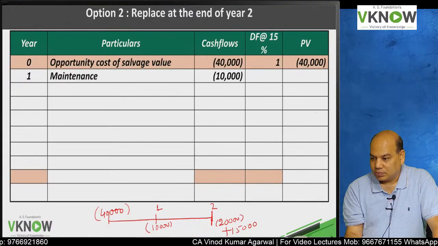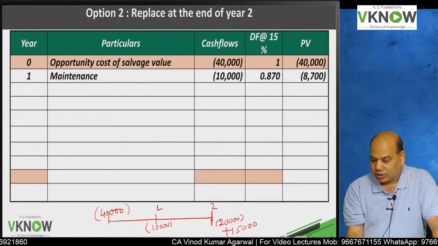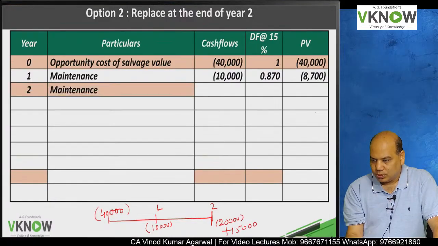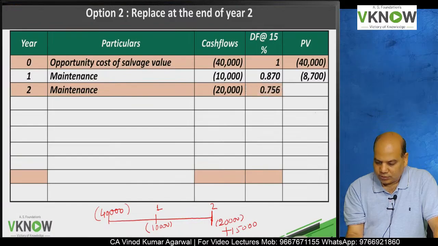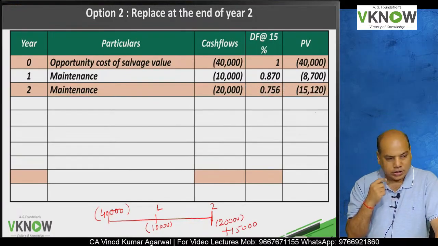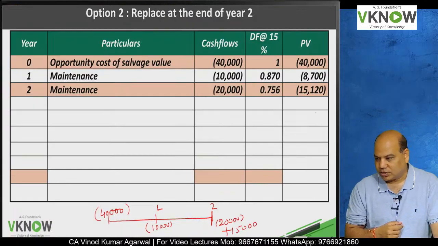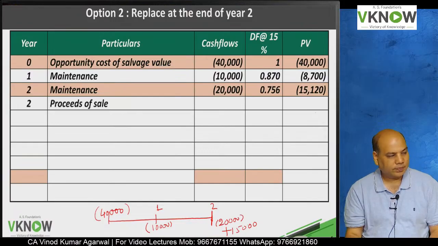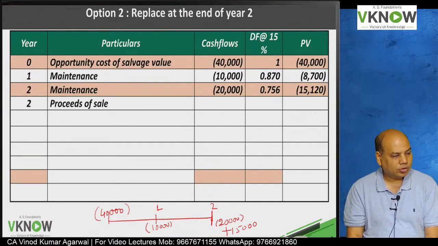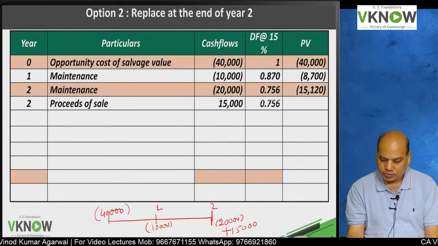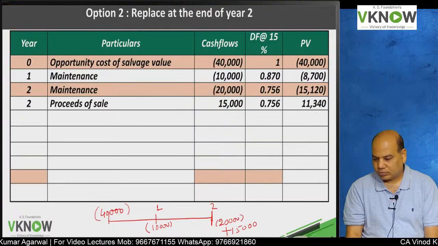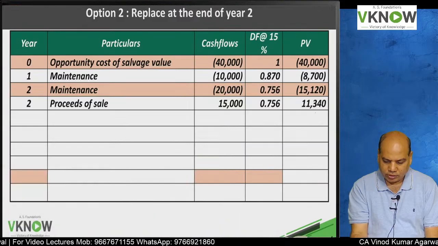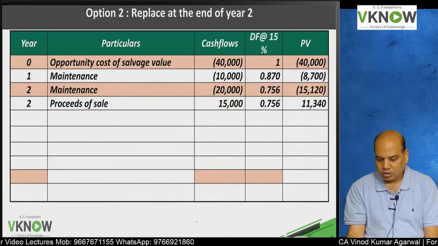Year 0 opportunity cost 40,000, year 1 maintenance 10,000, year 2 again maintenance 20,000, present value 15,120, and now you are going to sell it, scrap value 15,000, present value 11,340.